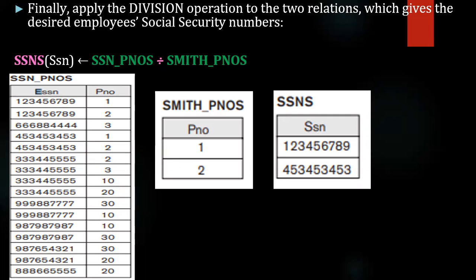Remember, the division operation should be used if the question contains a keyword like all or every. This is a very special derived relational algebra operation. Now I hope you understood the concept of division operation.